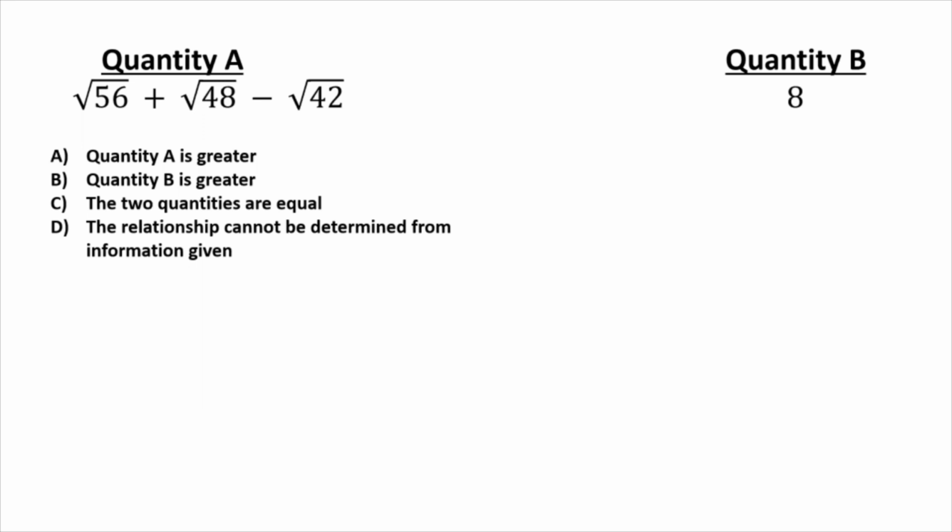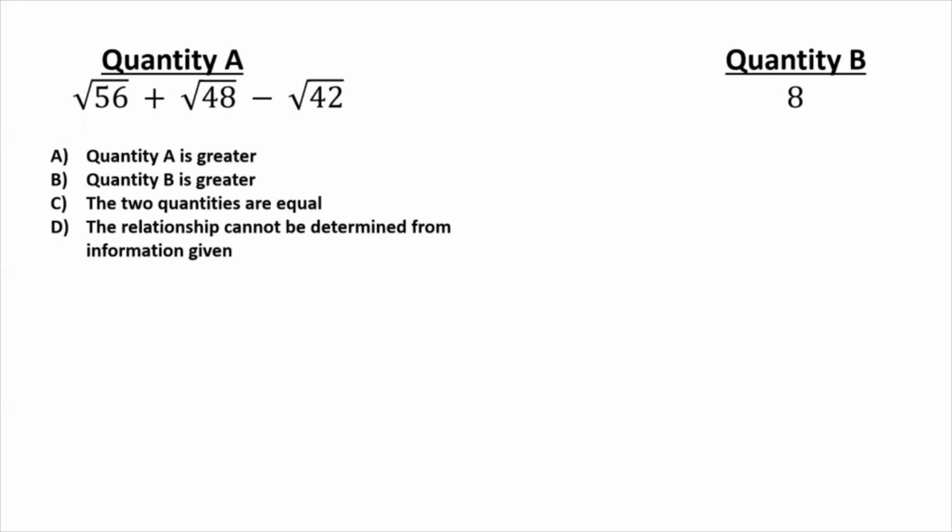The quantity A, we have some square roots there, and these numbers that we have with the square roots are not perfect squares, like 56, 48, 42. These are not perfect squares, right? So it's not immediately apparent what value quantity A can take.